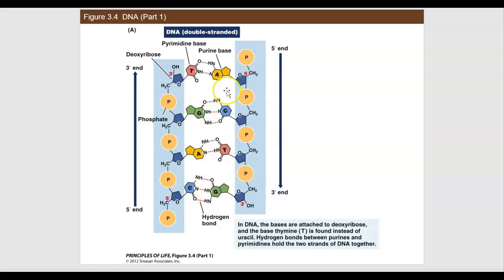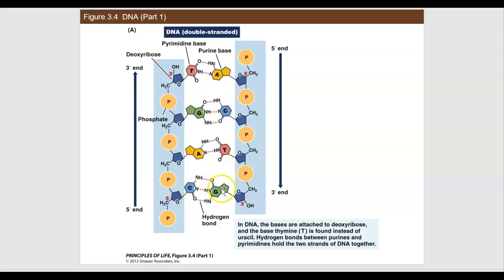So what that does, it does a number of things, but one thing it does is it keeps the width of this molecule even. So no matter what letters we have, we know that a C, the nitrogen base that has cytosine, will always bond by those 3 hydrogen bonds to the one that's a guanine.